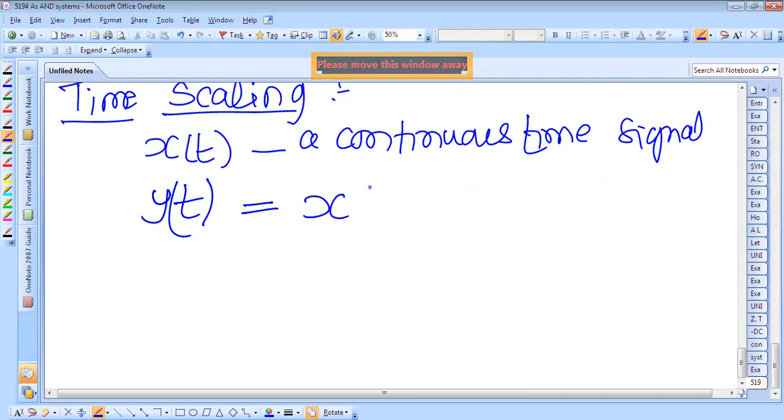Therefore y of t is x of a t, where a is a scaling factor.